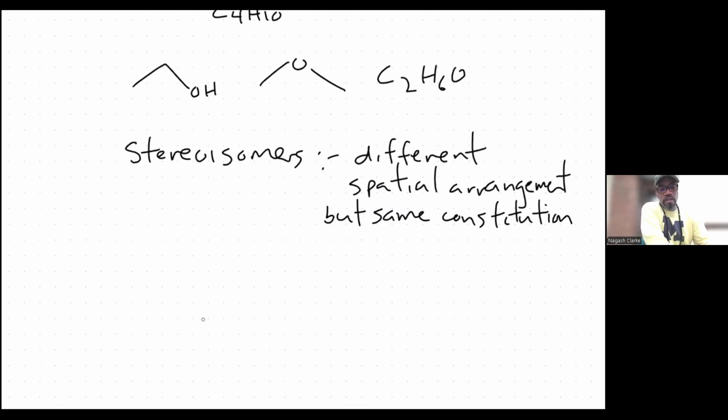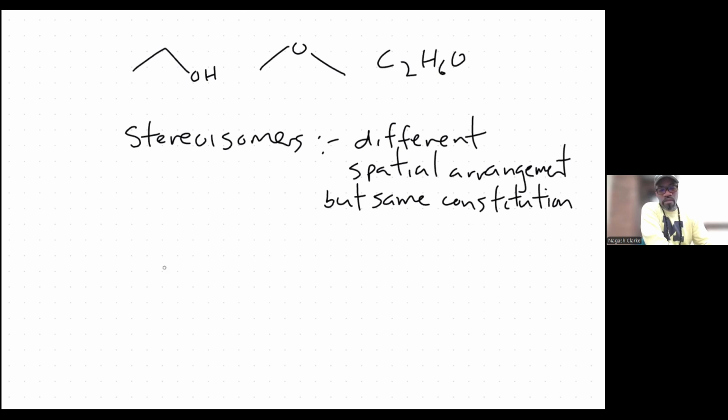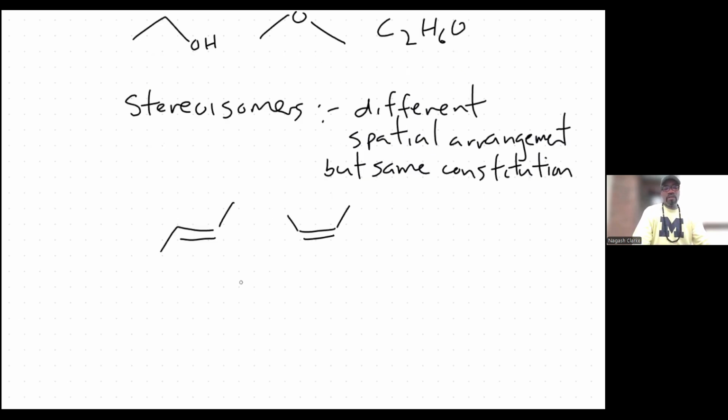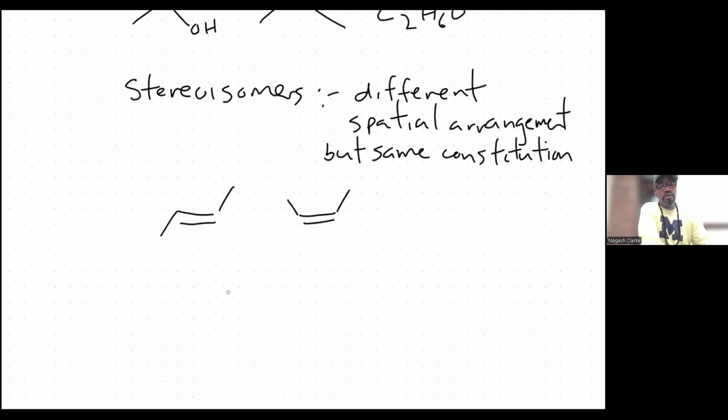So the classic ones are the cis-trans isomers, stereoisomers. So this is the stereoisomers of 2-butene.